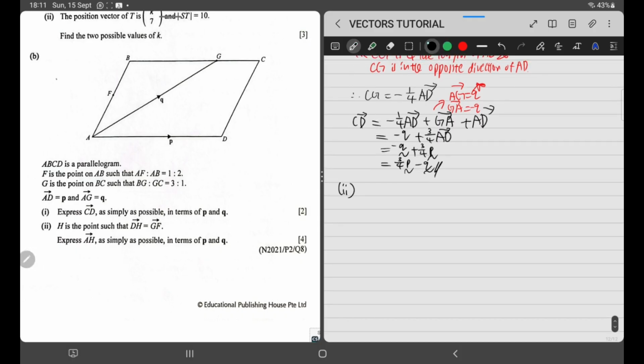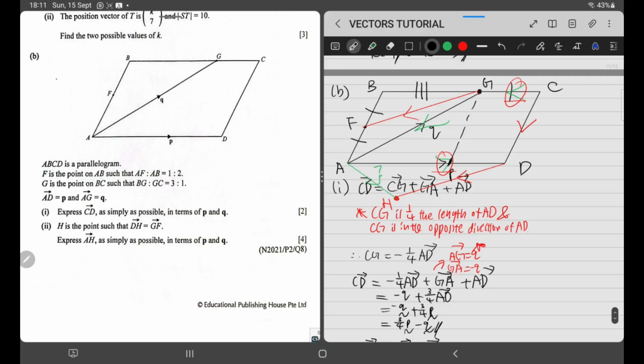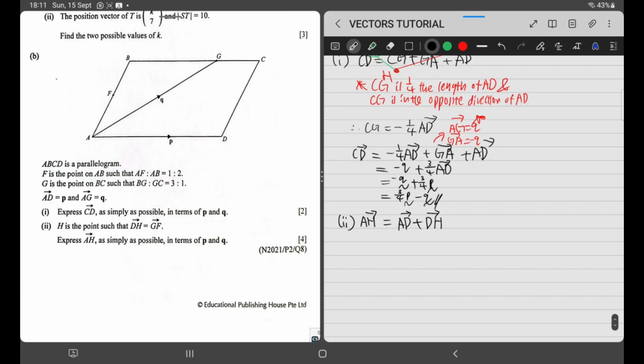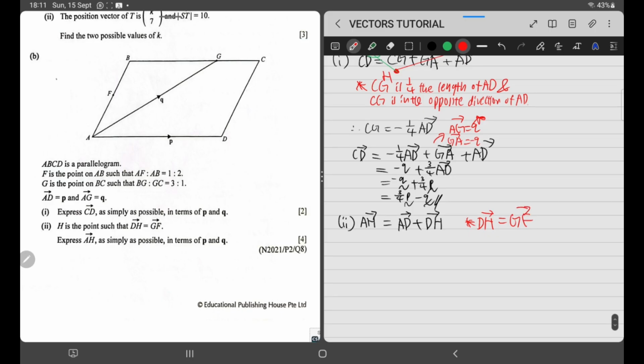If you want to find AH, you can walk from A to D and then D to H. And you know that DH is GF, right?